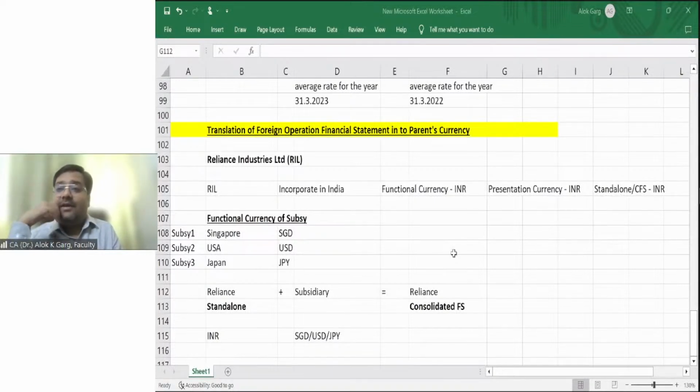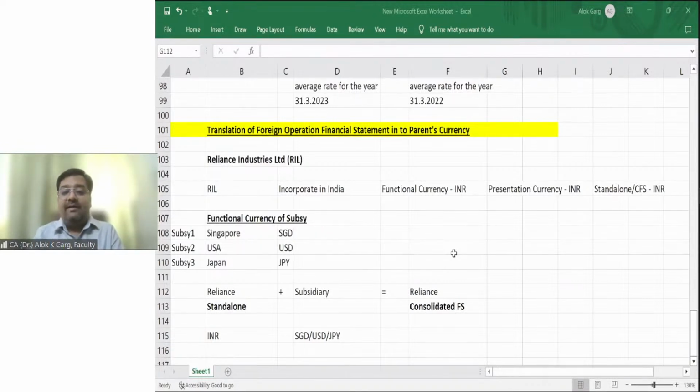For the Indian subsidiary, it was possible because the subsidiary is in INR and the parent is also in INR. But for a foreign subsidiary, is it possible to just add with the parent currency and prepare the consolidated financial statement? Answer is no. It is not possible.